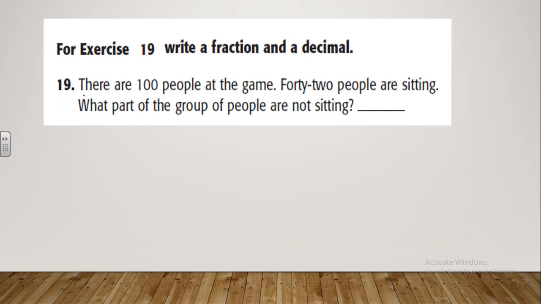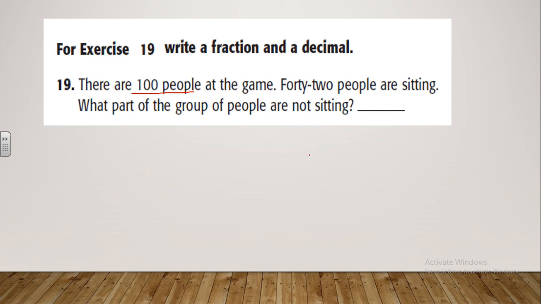Here he tells you that there are 100 people at the game. So we have 100 people. 42 people are sitting. What part of the group of people is not sitting? So we need to know what part of the group of people is not sitting.